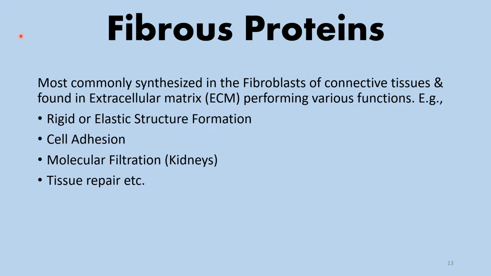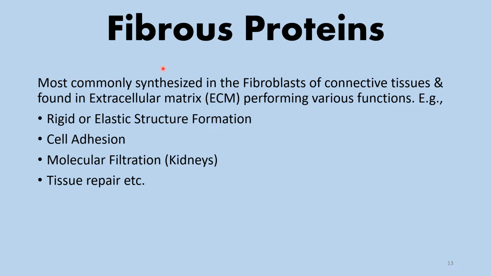Hemoglobin transports the oxygen while myoglobin stores as well as transports the oxygen. You appreciate that this is the difference of functions just because of the change in structure. So structural and functional relationship is very important, which would also be seen in case of fibrous proteins.